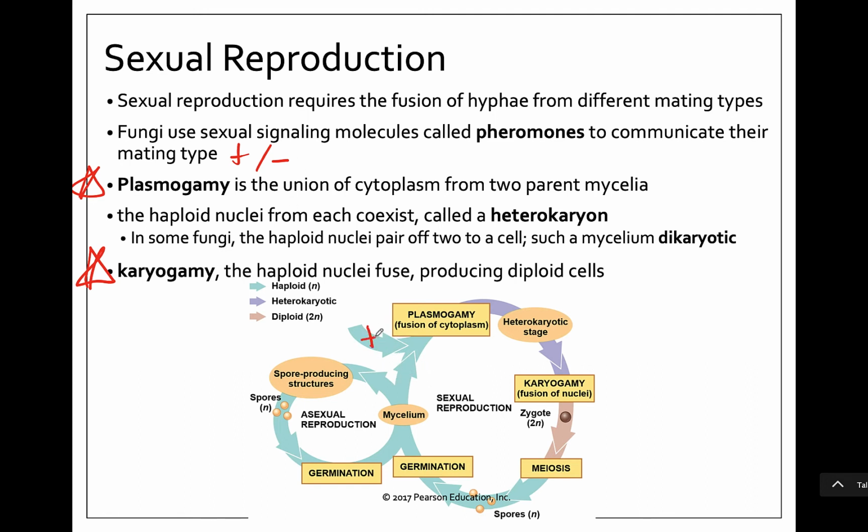So we might have a plus type and a minus type, and they're going to grow toward each other thanks to their pheromones. And then eventually they're going to come into physical contact. And when they come into physical contact, the cytoplasm is going to fuse together. So this is called plasmogamy, when the cytoplasm fuses together.